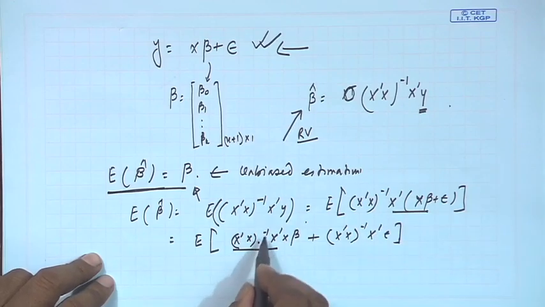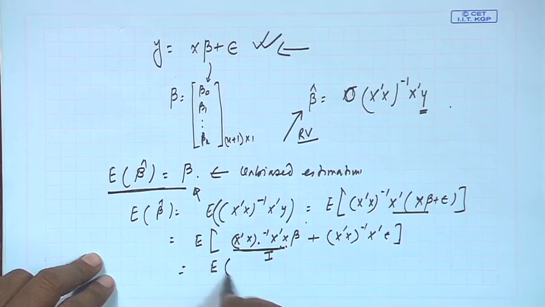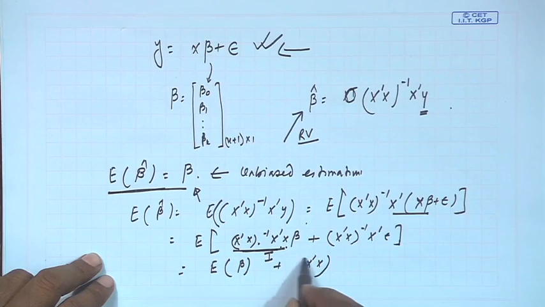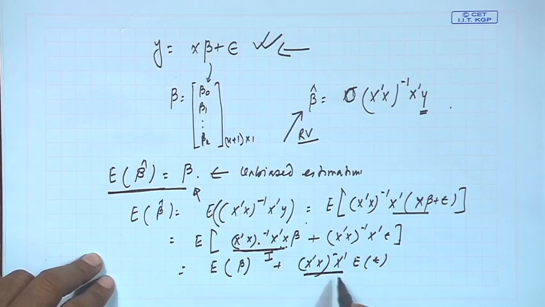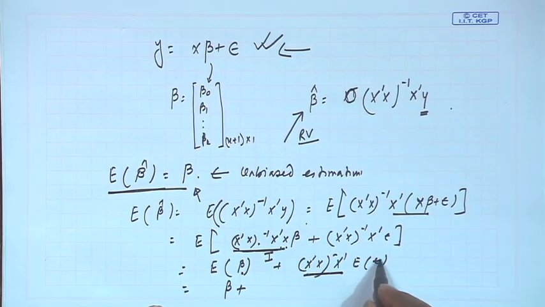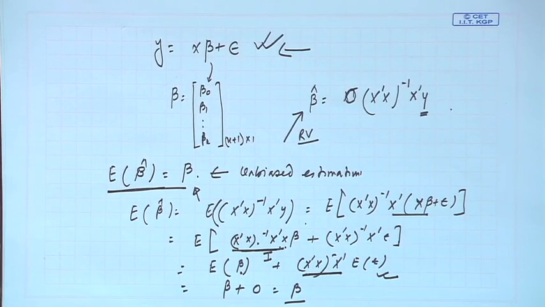Now, x transpose x inverse x transpose x will be identity matrix I. So, this will be expected value of beta plus x transpose x inverse x transpose expected value of epsilon, because these are fixed values. Beta being a constant parameter value, it will be beta, and expected value of this error term by assumption is 0. So, this will be beta.